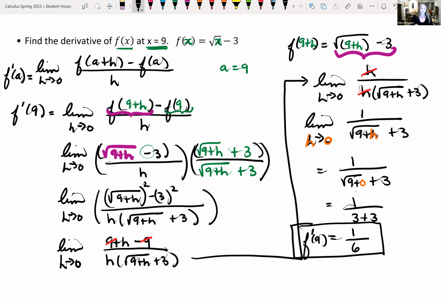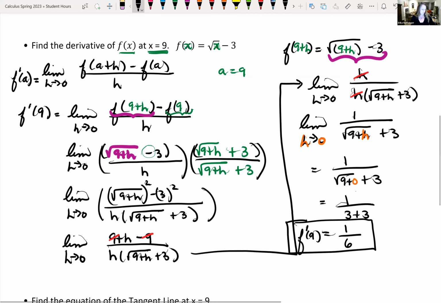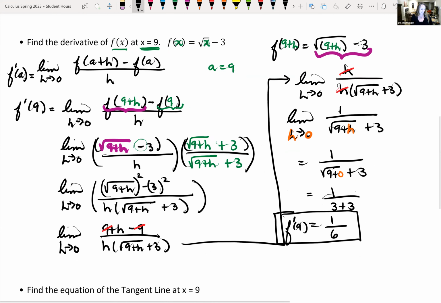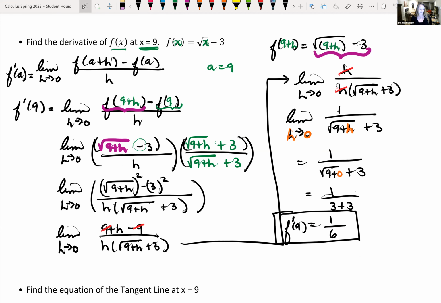So one more piece to this in-class exercise was the following. Find the equation of the tangent line at x equals 9. So when we're trying to find the equation of the tangent line, we need to know what the slope is, in this case, of our function at x equals 9. Well, we just did that above when we found the derivative of f of x at 9.